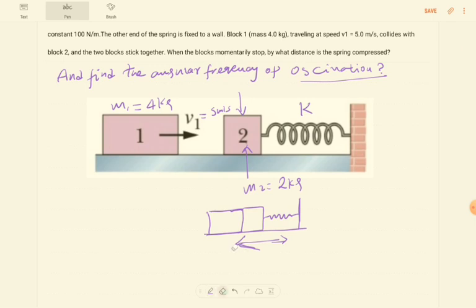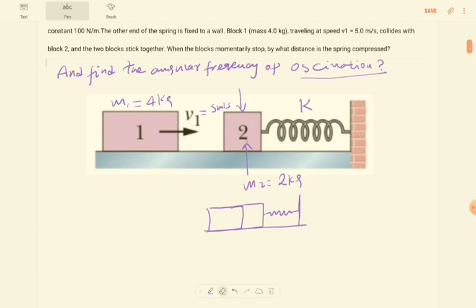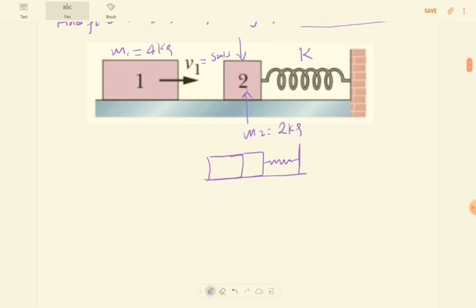Now the first case would be to find the minimum distance. After the two blocks are attached, there will be a transfer of energy from mass 1 to mass 2, and when the two are combined together they will go and compress the spring by some distance. Let's say that's distance x.